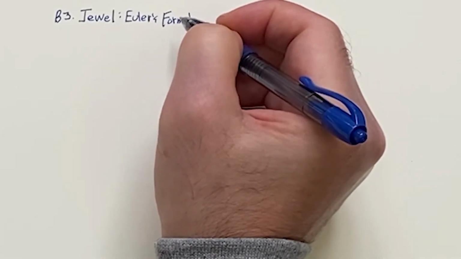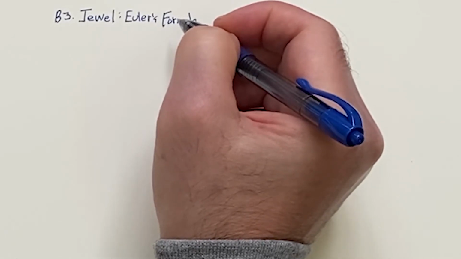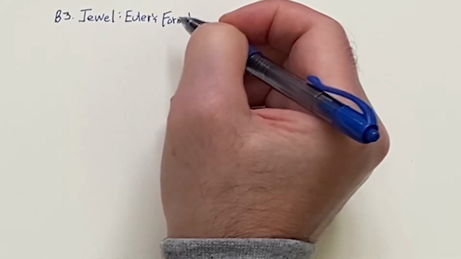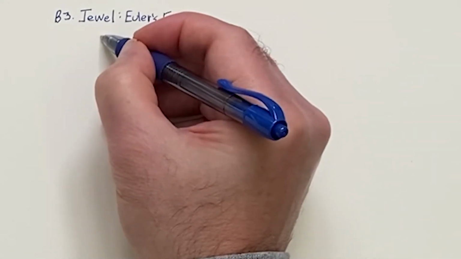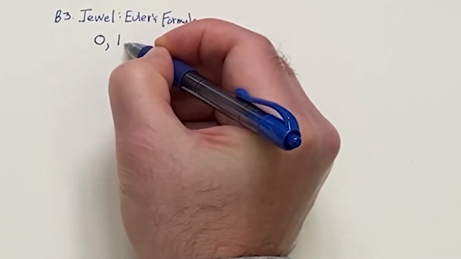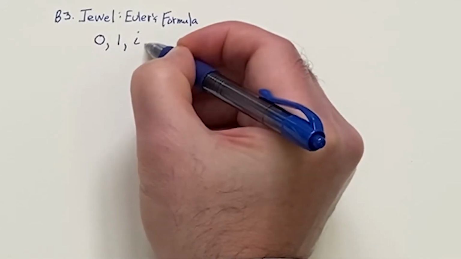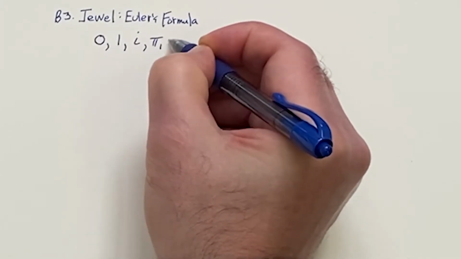And here, this formula is very, very cool. What it's going to do, it's going to relate for us the big 5 numbers in mathematics: 0, 1, the imaginary number i, pi, and e.